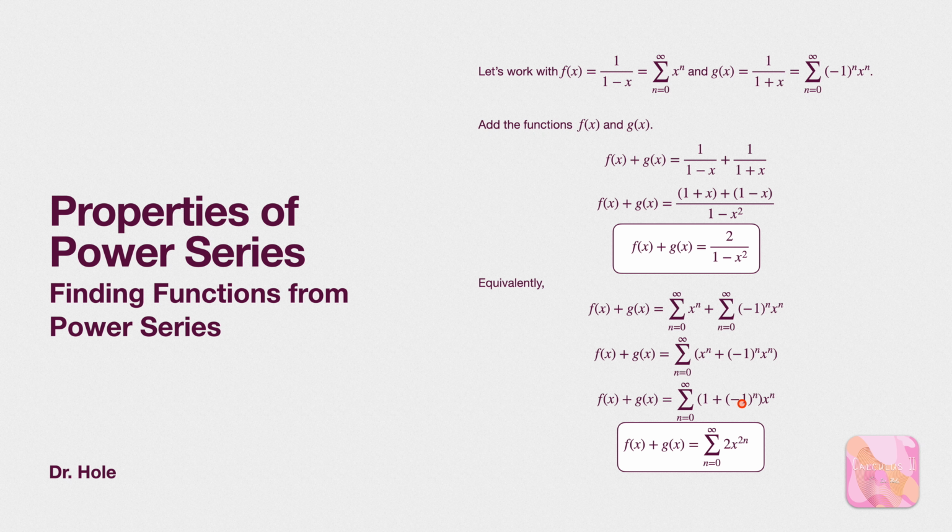If you think about when negative 1 to the n is positive 1, that means that the n value must be even. And we can express the even powers on our x as 2n. And then we've changed our coefficient to 2. So this is only summing up even powered expressions on x.